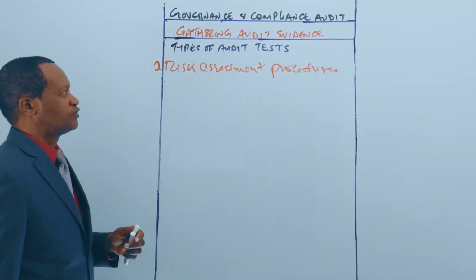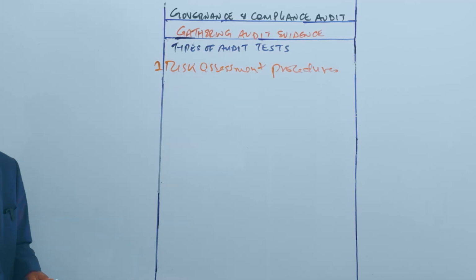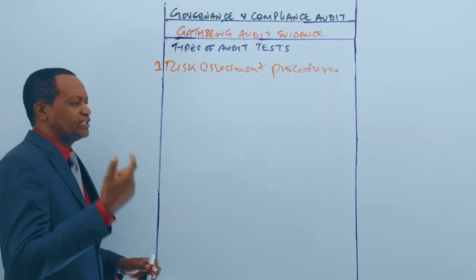To determine the levels of risk, the auditor is required to carry out risk assessment procedures. These are performed at the beginning of the audit to understand the organization and its environment.